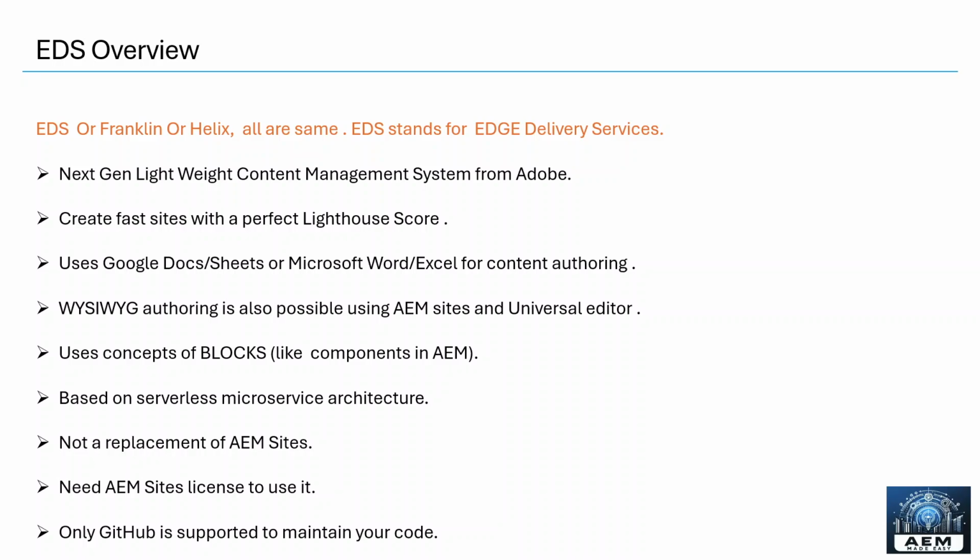Like you can quickly set up your site with a perfect Lighthouse score, and instead of spending time on AEM authoring, because AEM authoring, if a content author is new, it's not that easy. A little bit of investment is needed to train authors on AEM authoring.